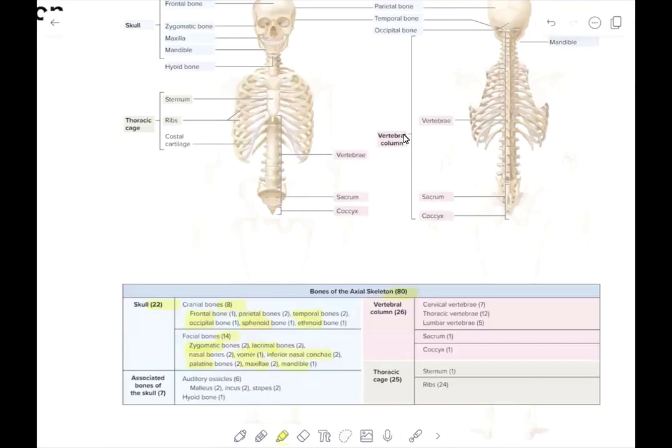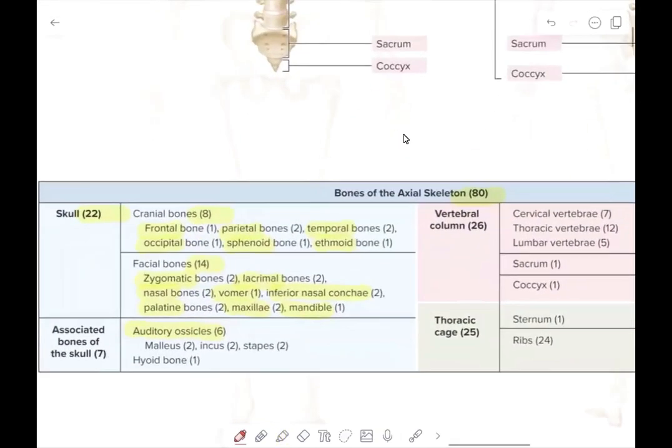Other bones associated with the skull include the smallest bones in our body called the ossicles. You'll be learning about these in later semesters, but they would include the malleus, the incus, and the stapes. There are 3 in each ear, which are listed for you here, and then the hyoid bone.